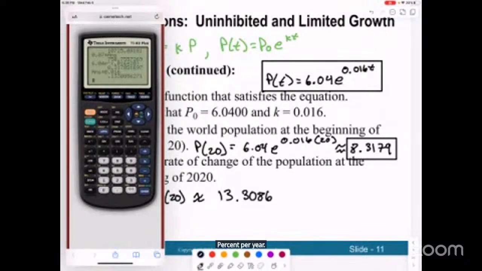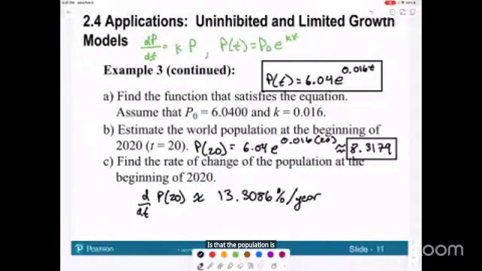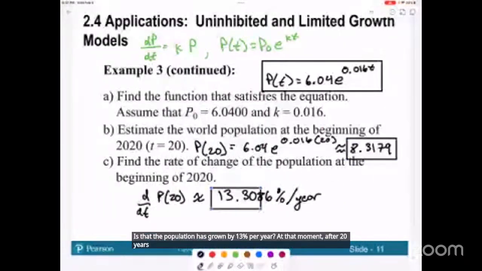So what we're saying is that the population is growing by 13% per year after 20 years, at that moment in time. That's the rate of growth of the population.